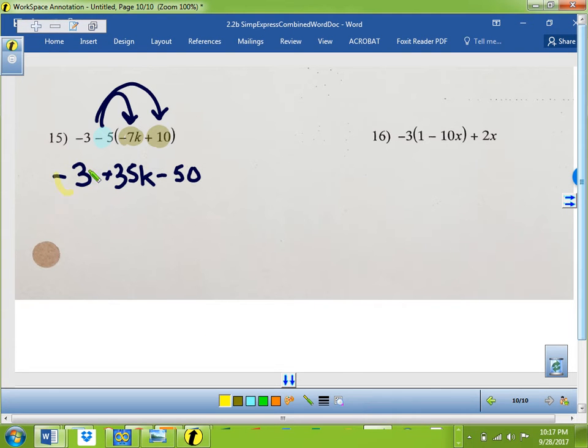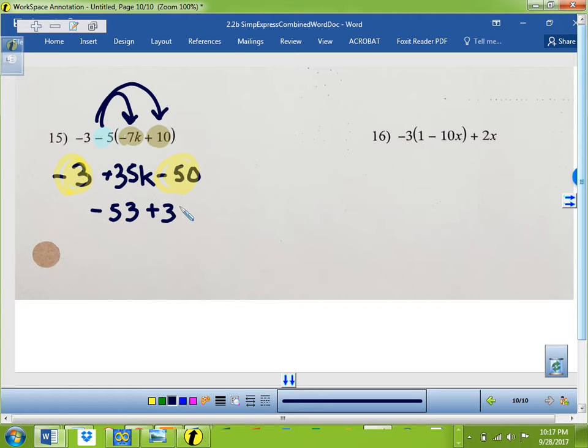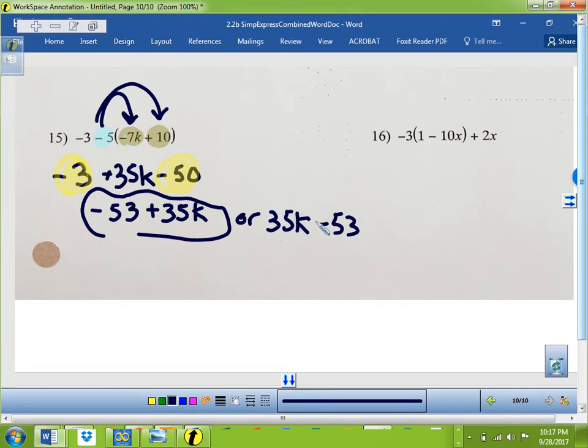I've got a -3 here. There you go. And a -50. They're both regular numbers. So -3 minus 50 is -53 plus 35k. There we go. There's our solution. Or if you prefer k in the front, I actually like it that way, but textbooks do it more like that. It's more common to put the variable first.